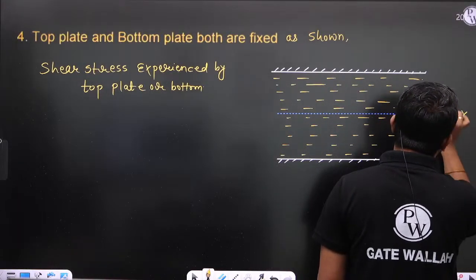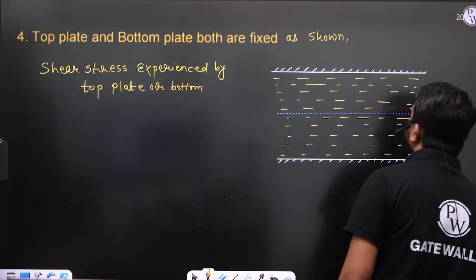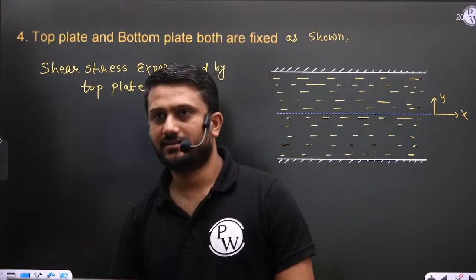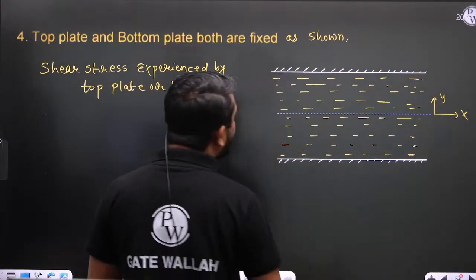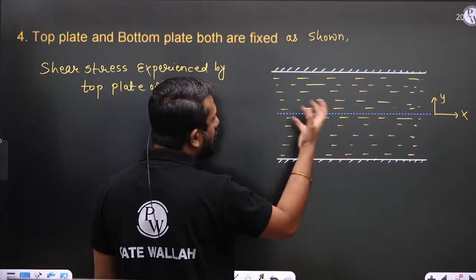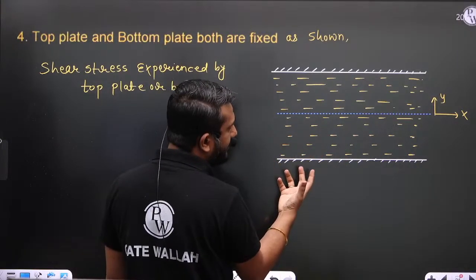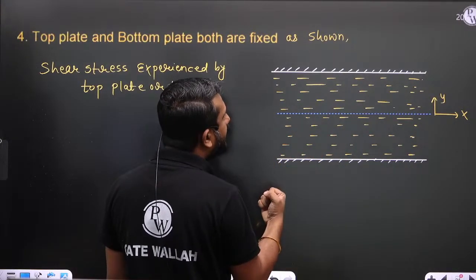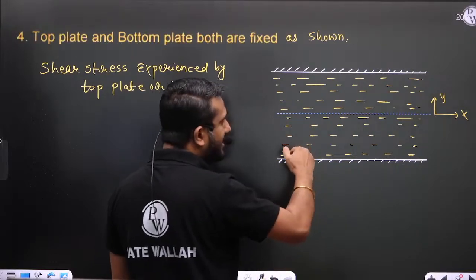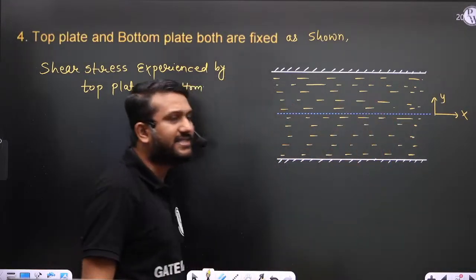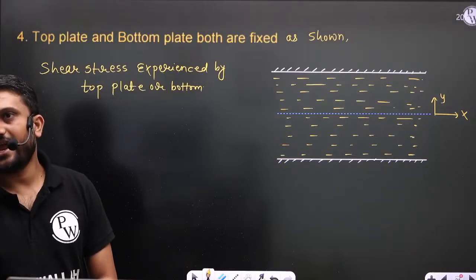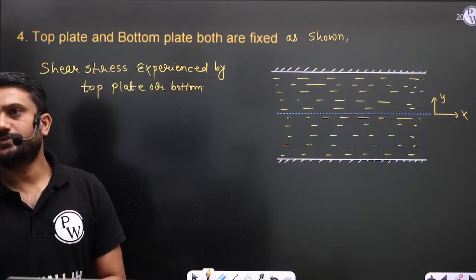This is the x axis and this is the y axis. Please try to understand this. To take advantage of symmetry, I'm considering y is equal to 0 at the center line.